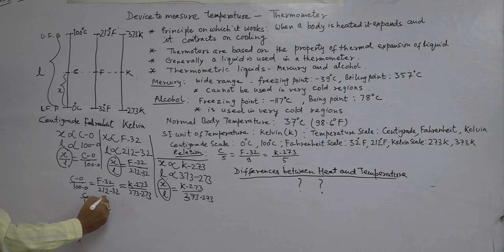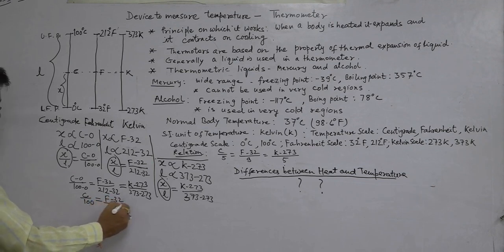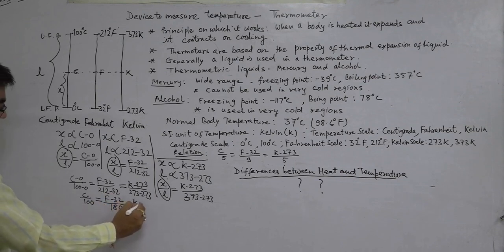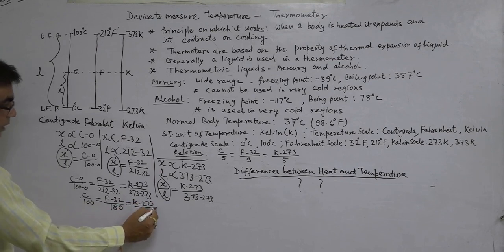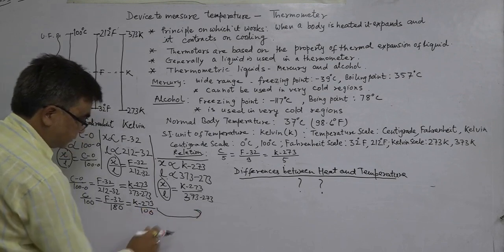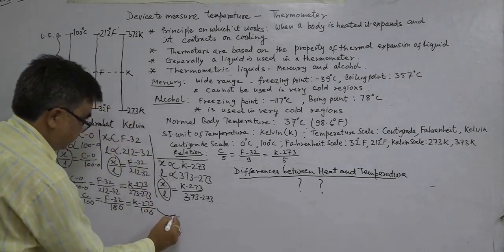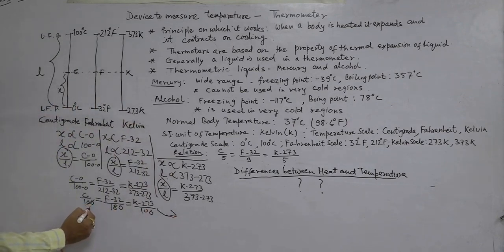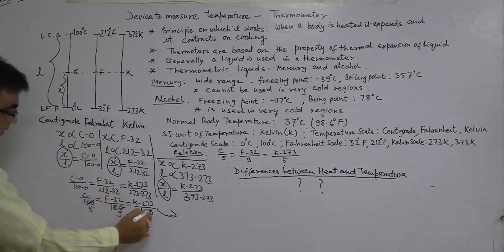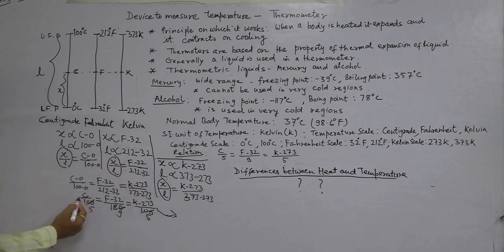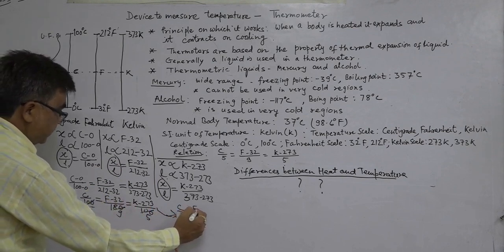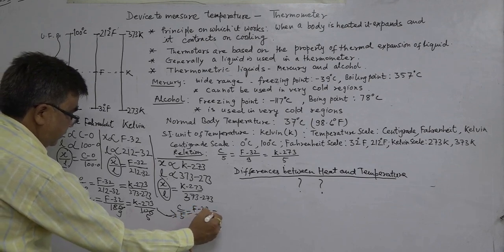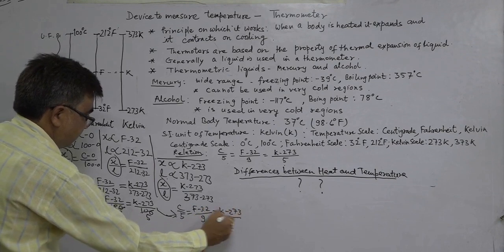So C upon 100 equals F minus 32 upon 212 minus 32, which will come to 180, and this equals K minus 273 upon 373 minus 273, which will come to 100. Dividing by 20, the relation becomes C upon 5 equals F minus 32 upon 9 equals K minus 273 upon 5.